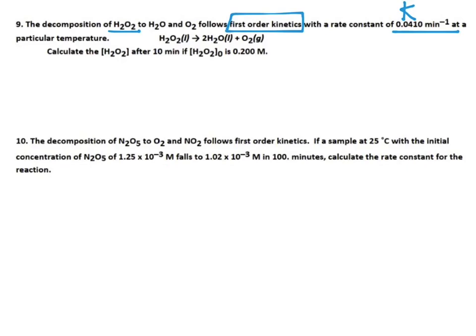What we need to do is calculate the concentration of hydrogen peroxide after 10 minutes if our original is 0.2 molar. So let's go to our integrated equation. Ln of A is equal to negative KT plus Ln of A naught.